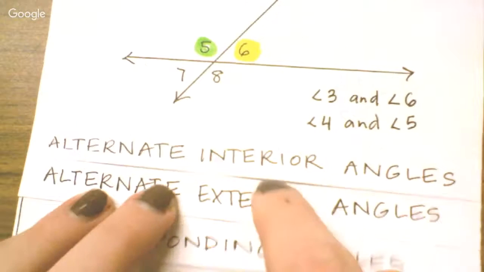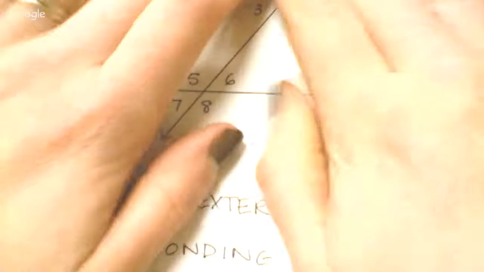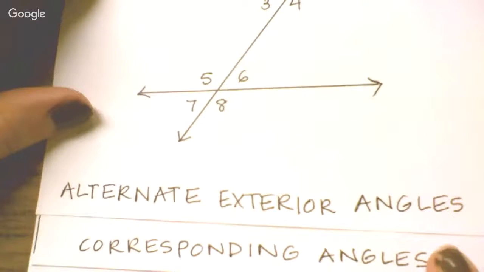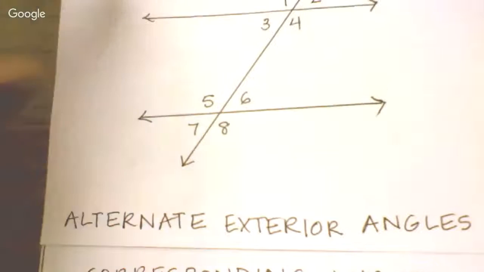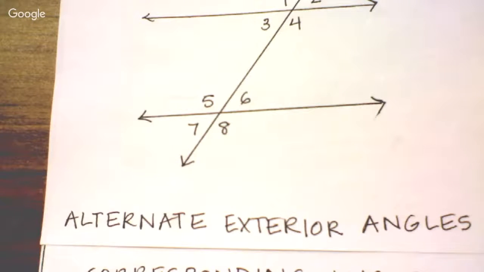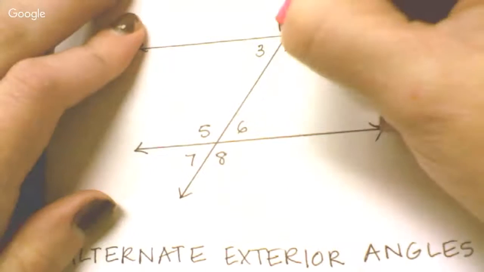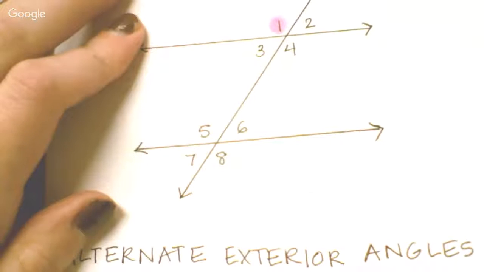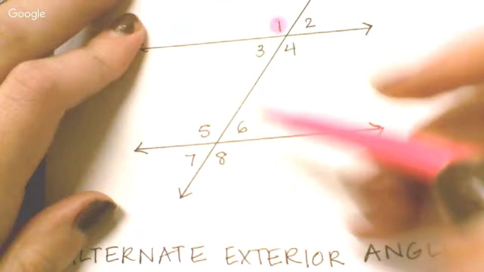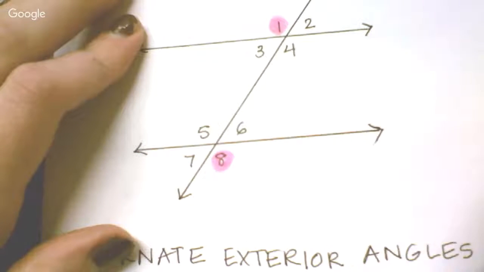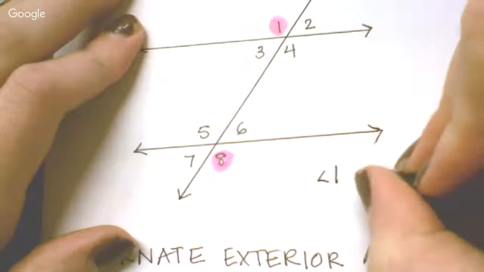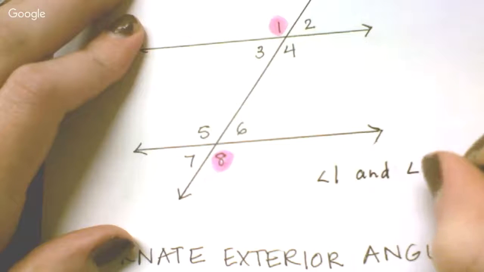Then I also have alternate exterior. So still alternating, but now I'm on the outside of those parallel lines. So now I'm looking at angles on the outside, angle 1, and I alternate. So this would be angle 1 and angle 8.